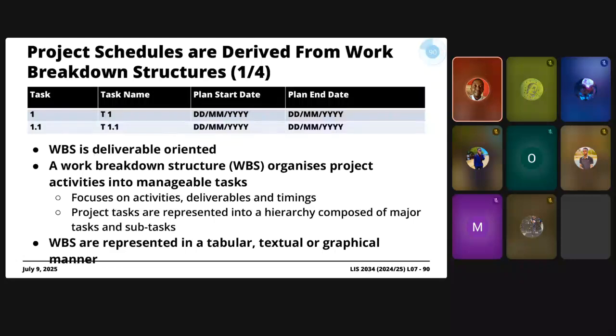Your work breakdown structure, like I said, is used as a basis to create your project schedule, like your timeline or your Gantt chart, and even the activity network diagram. It turns out that this work breakdown structure, WBS, is deliverable oriented. So you create some structure that clearly identifies the deliverables associated with your project.